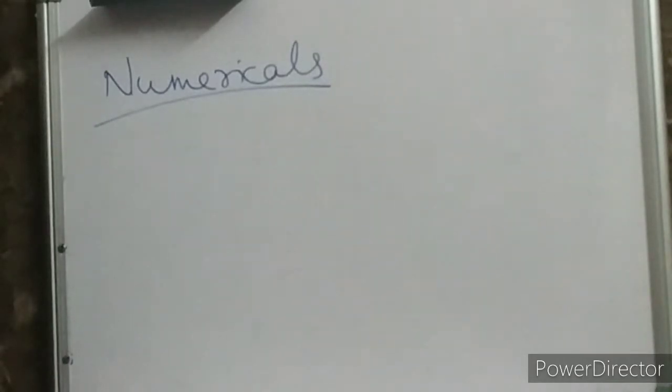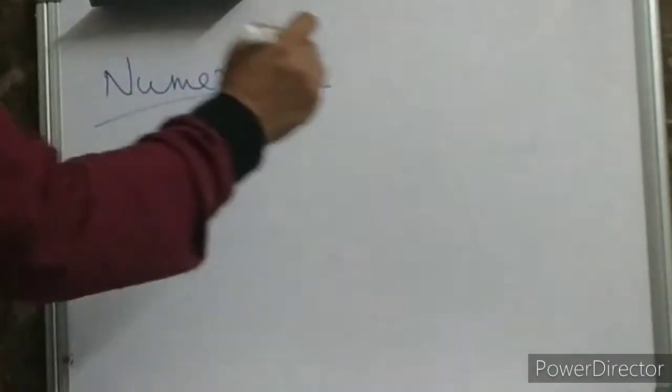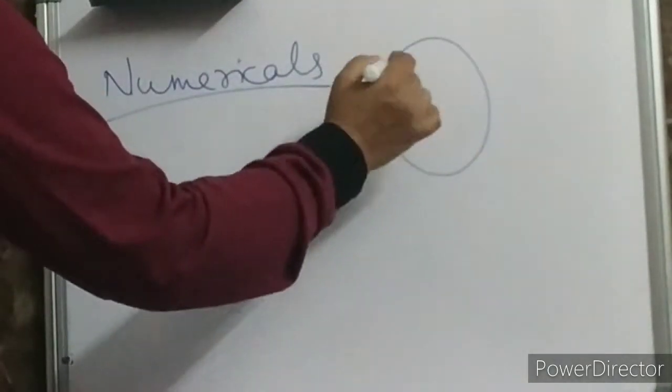So in my last lecture we discussed the variation of acceleration due to gravity in different positions. Can you tell me where the acceleration due to gravity, small g, is maximum? I have already told, Earth.